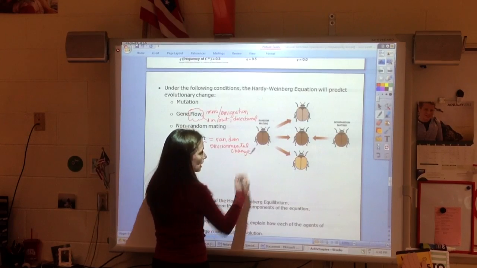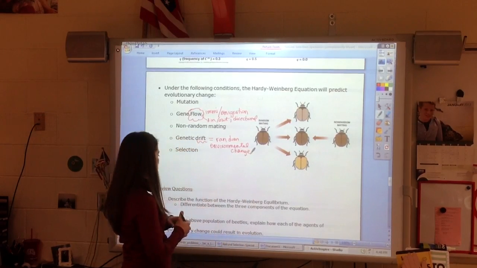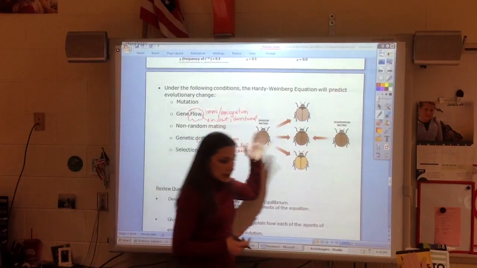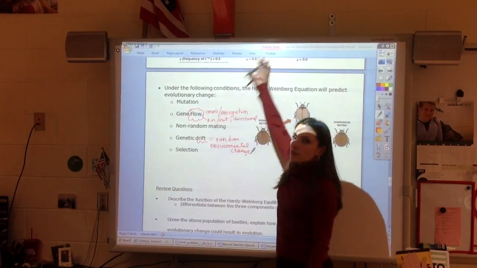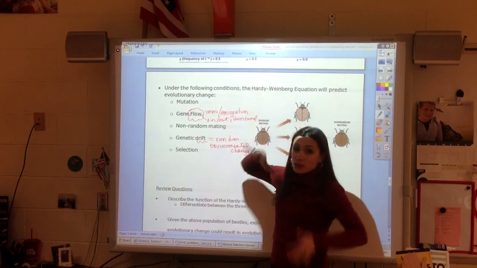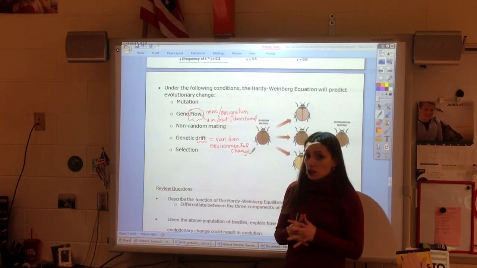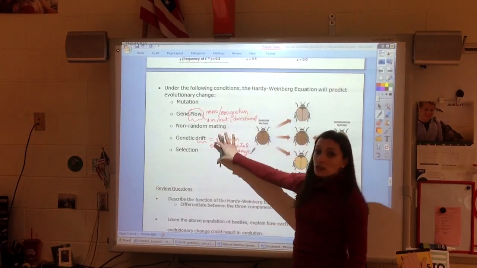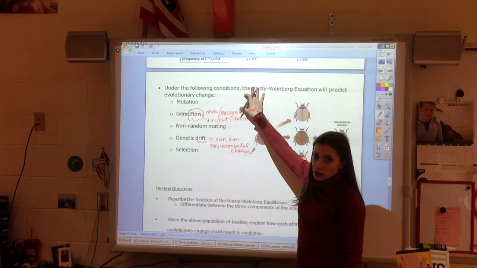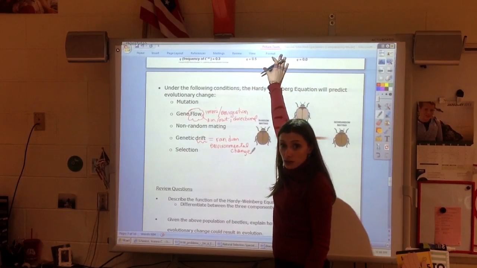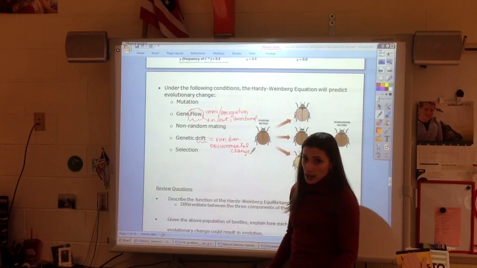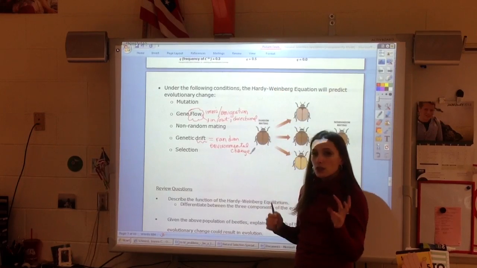And then we have natural selection, which we've already talked a lot about. So where you need to be at this point is you need to be able to make these fit with the 5 terms above because they're basically opposites of each other. If these are happening, evolutionary change is happening. If those conditions up above are true, then no change should be happening. So they're really just a way to look at it.